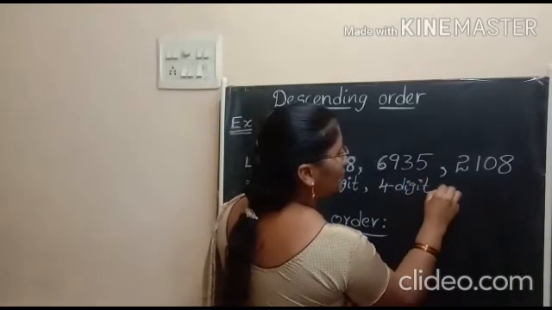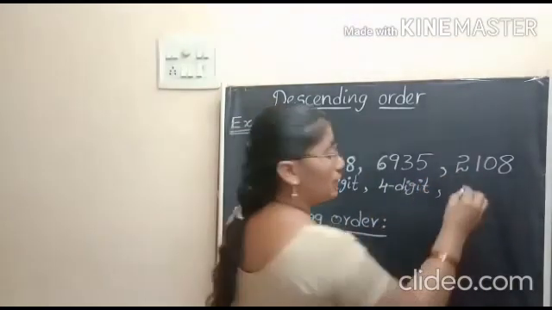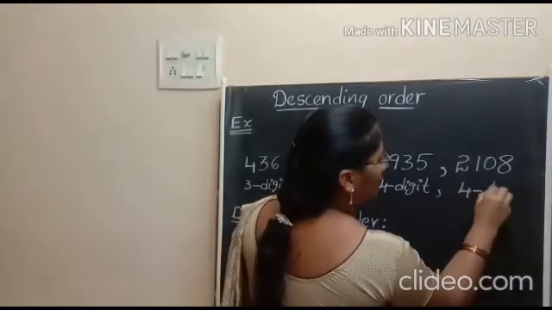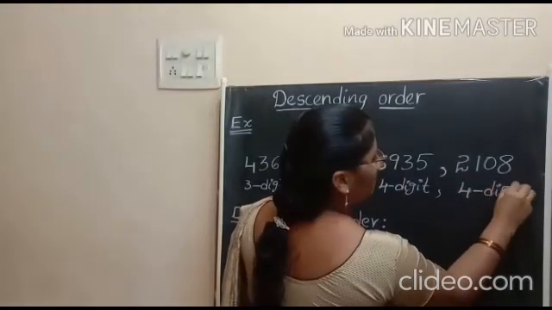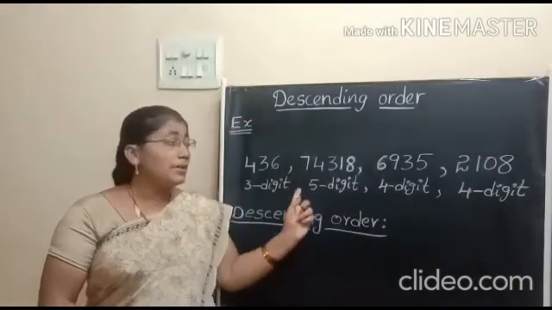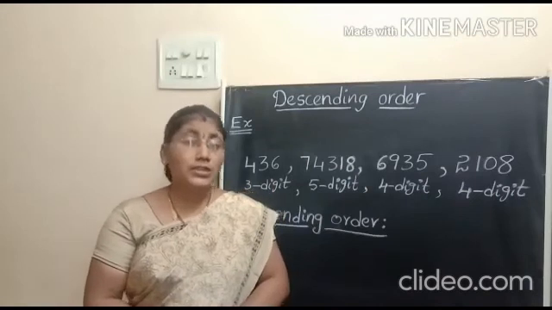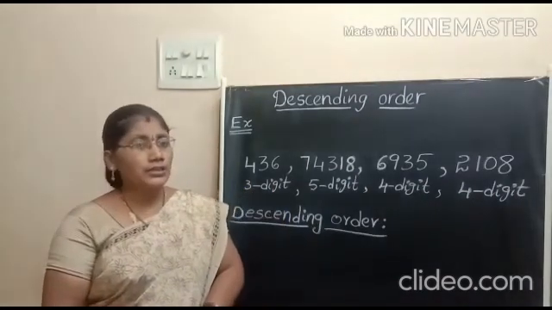The last number, here also we have 4 digits. So this is also a 4-digit number. Now we are comparing numbers with different numbers of digits.